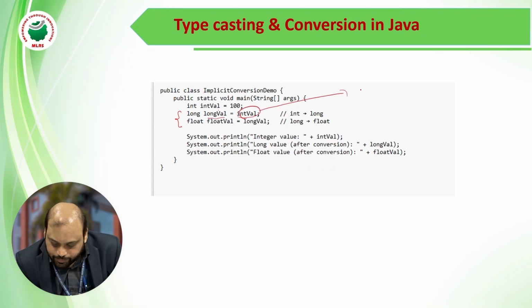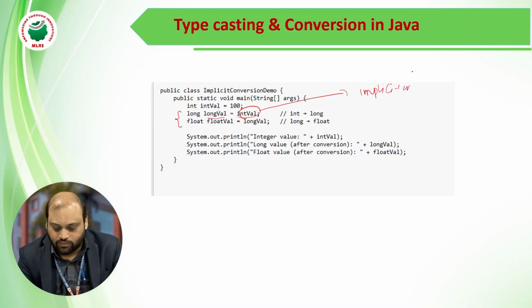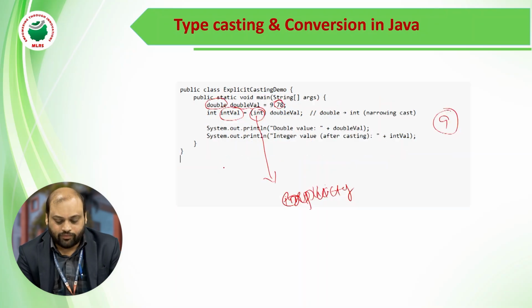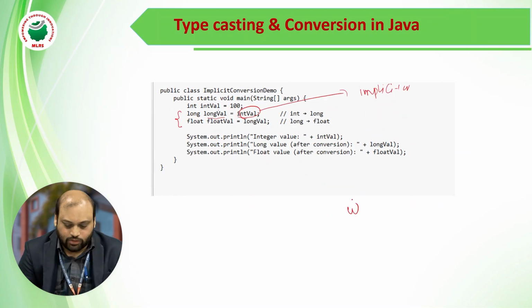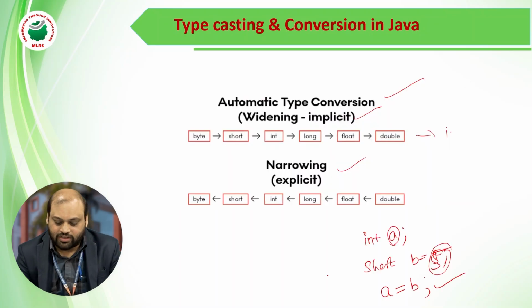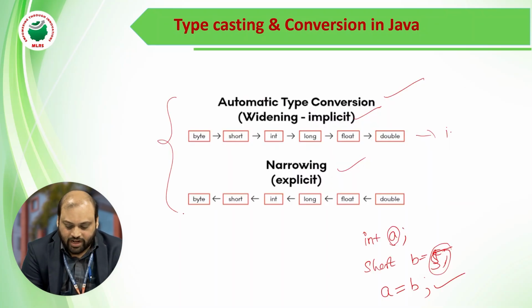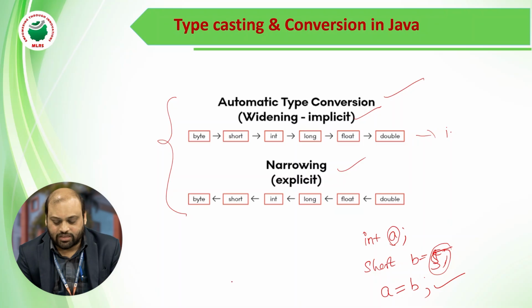This is implicit, no further knowledge is required. It is automatic type conversion, also called widening. So there are two types of type conversions: widening and explicit typecasting.